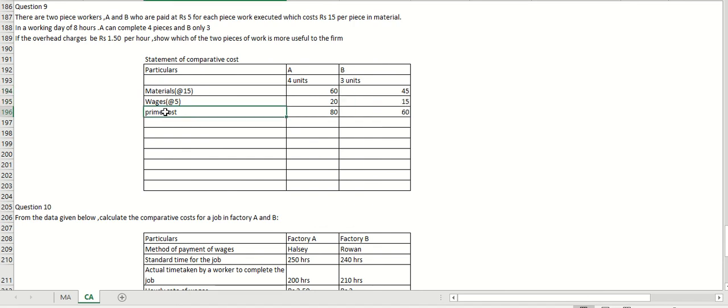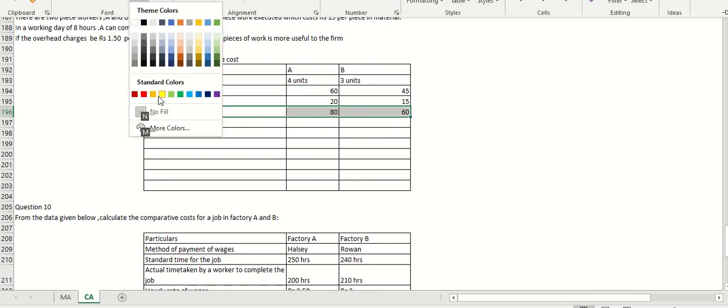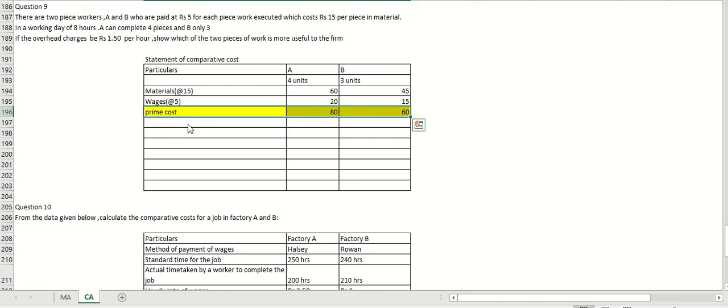Now go ahead with the overhead expenses. Add up your overhead expenses. So your overhead expenses are at ₹1.50 per hour. How many hours are they working? They are working for 8 hours.